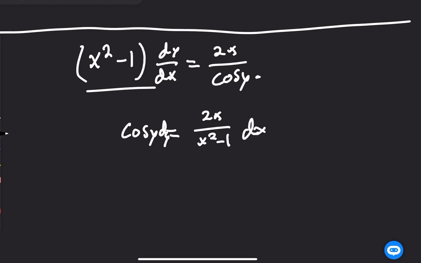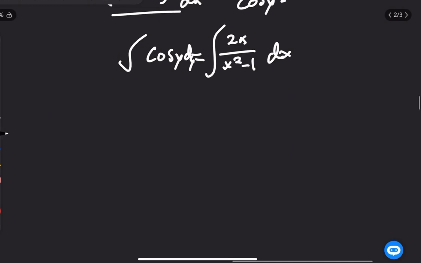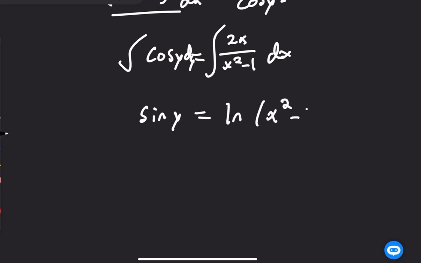Now we will integrate both sides, and that will end up giving us sine y equals, take out a 2, x over x squared minus 1, which will leave us with ln absolute value x squared minus 1 plus c.